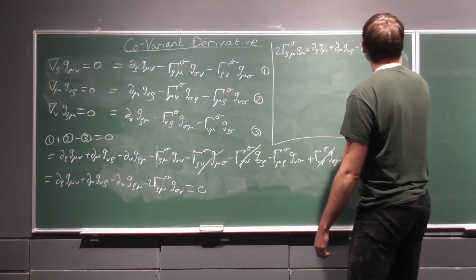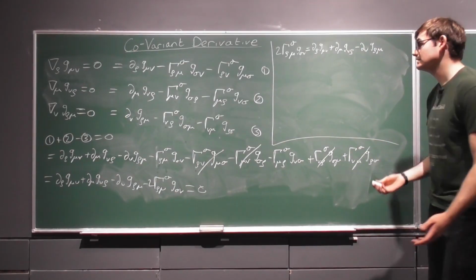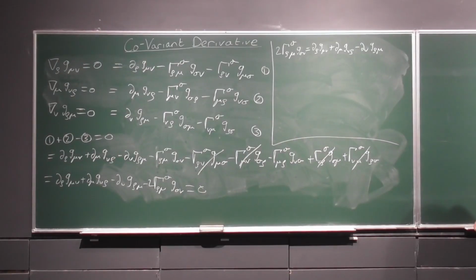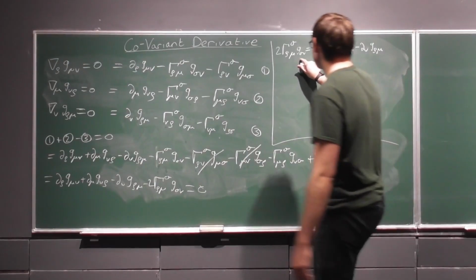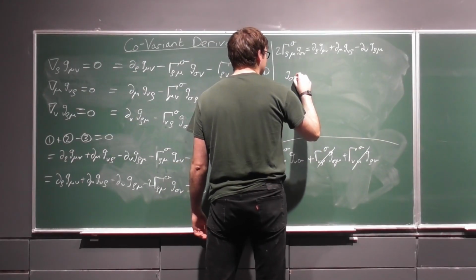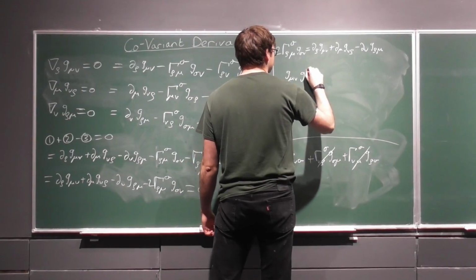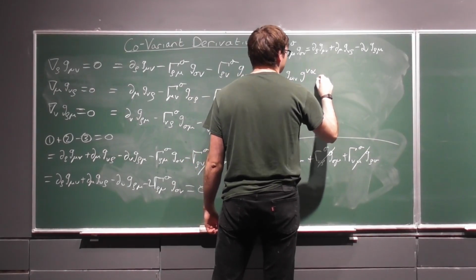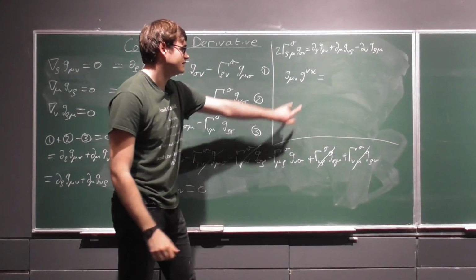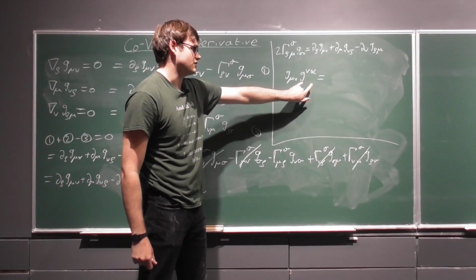Okay, so now we just have to isolate these symbols. So we can obviously divide by the 2 to get a half. Now to get this g across, we can use the fact that g mu nu, g nu alpha, by definition, is the g inverse, the inverse of the metric.